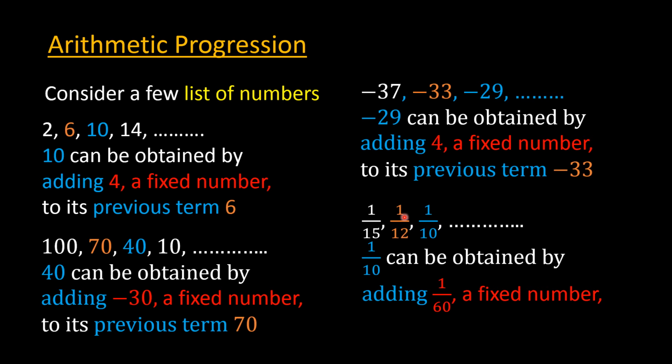So 1 divided by 12 plus 1 divided by 60 will be 1 divided by 10. Similarly, 1 divided by 12 also can be obtained by adding 1 divided by 60 to 1 divided by 15. So 1 divided by 15 plus 1 divided by 60 will be 1 divided by 12. All this can be done except with the first term.